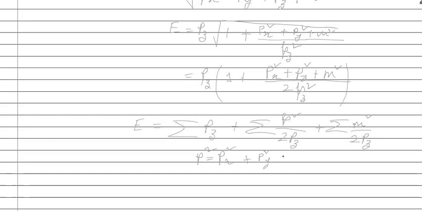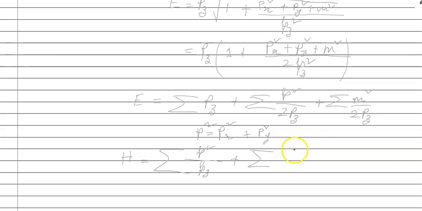For example, H for Hamiltonian equals summation of (p squared plus m squared) divided by 2 p_z.